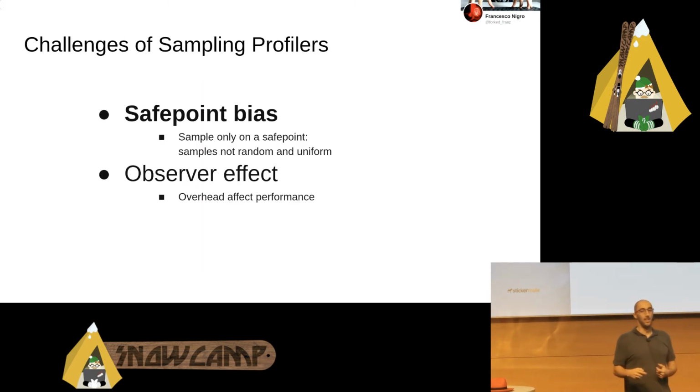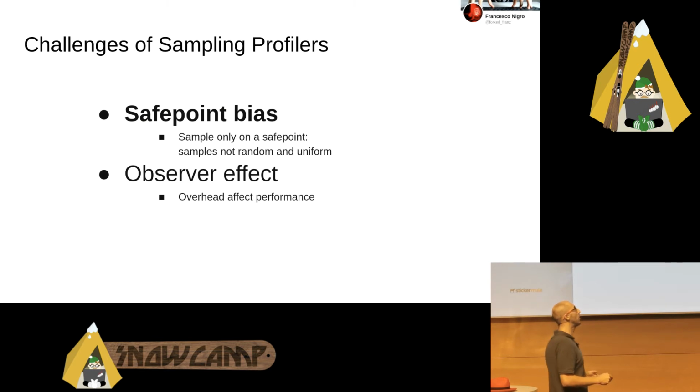And indeed, talking about sampling profilers, so the ones that are able to collect something that we can see in the FlameGraph, they have a couple of challenges that you need to be aware of. One is the safepoint bias. That is the one we have talked about for the whole time, okay? And indeed, it means that the profiler can't see anything if the JVM isn't at a safepoint.